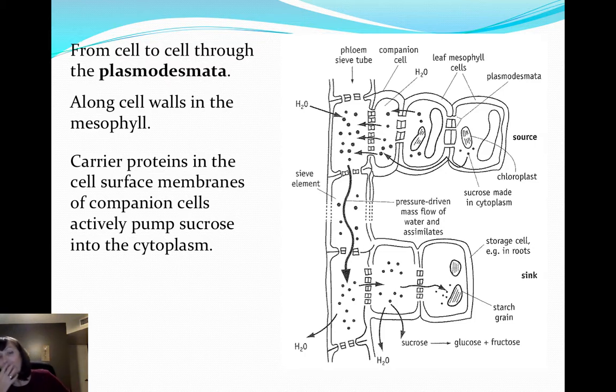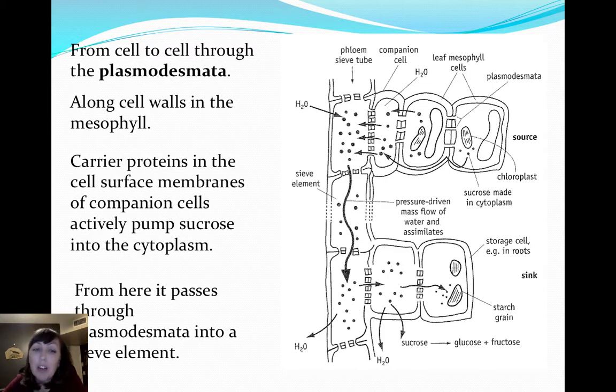And when you see that these companion cells are actively pumping sucrose into the cytoplasm, that should be an indication to you that ATP is being used. Okay, this is active transport, not passive. So in the xylem, it's passive diffusion, right? Water is just moving down the concentration gradient, where here sucrose has to be actively pumped in the companion cells. So from here, it passes through the plasmodesmata into a sieve element.